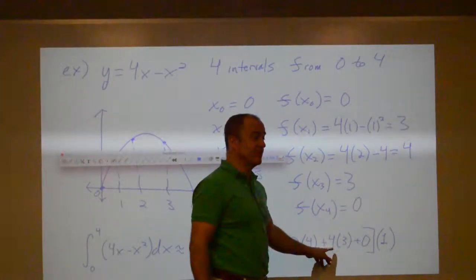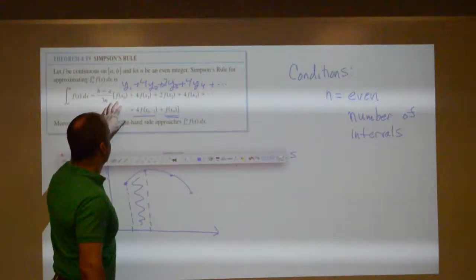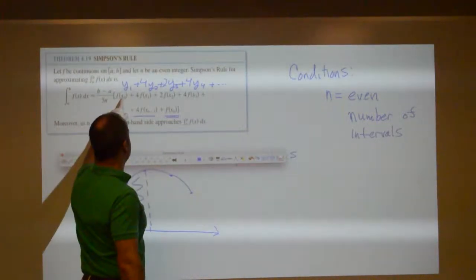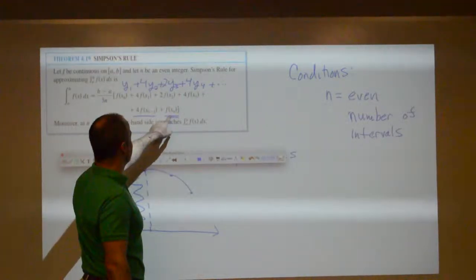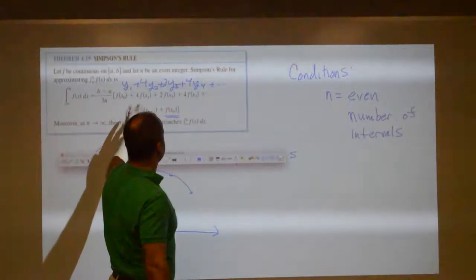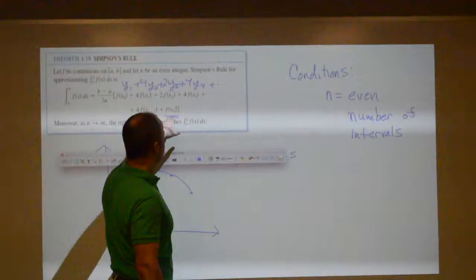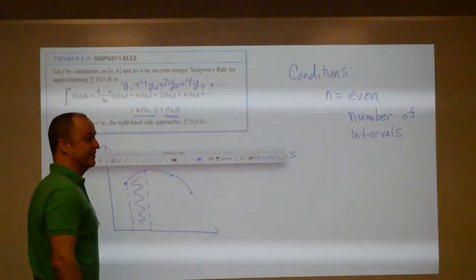Since you'll always have an odd number of these, it'll work. No matter how far you go, you're always going to have a first y value not multiplied by anything, a last one that's not, and you go 4, 2, 4, 2, 4, however many times you have to, until you reach the second to last one, and then you stop and the last one isn't multiplied by anything.